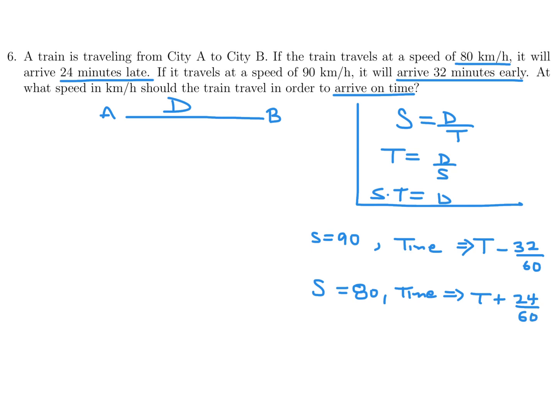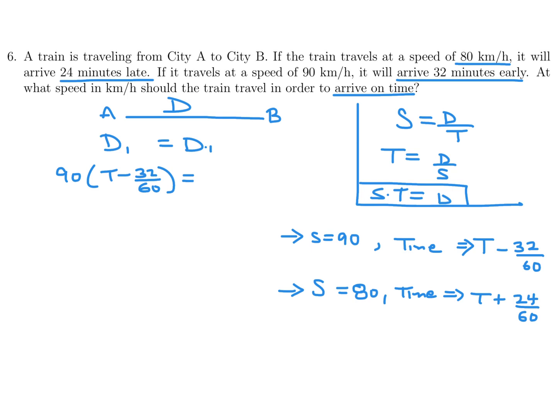And then distance is equal to speed times time, but the distance is the same for this scenario and this scenario because we're always going from A to B. So the two distances are the same, D1 and D2. So D1 is calculated with speed of 90 and the time of T minus 32 over 60.